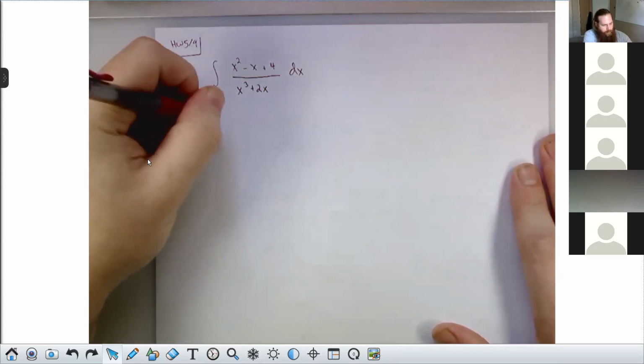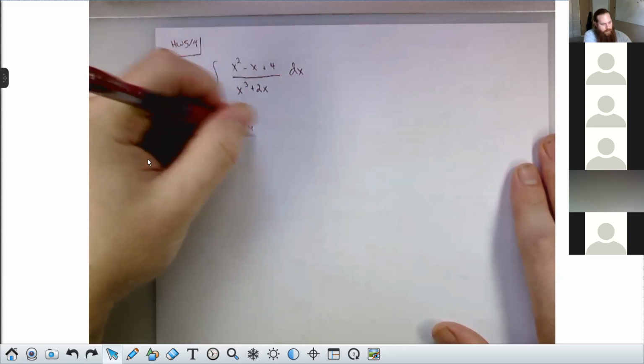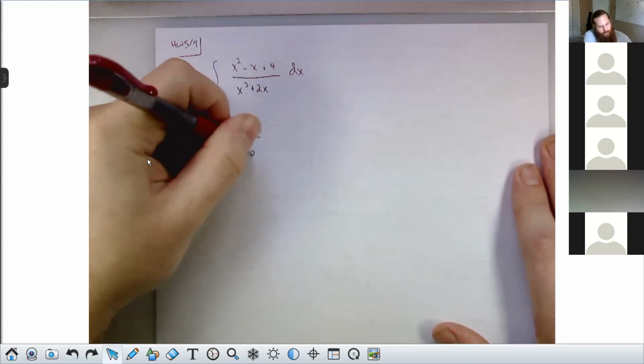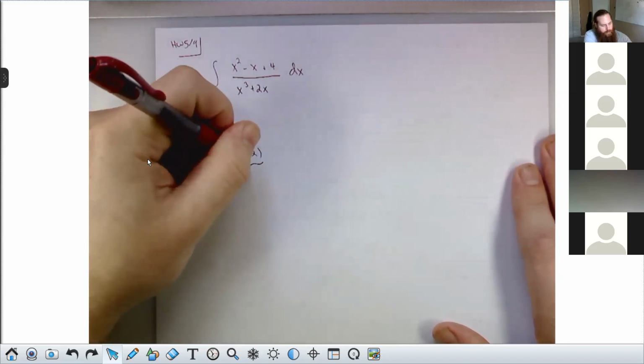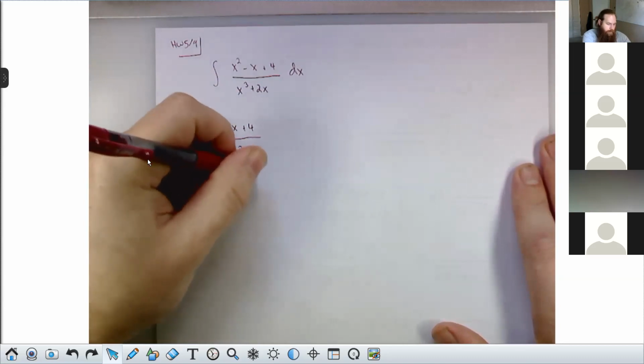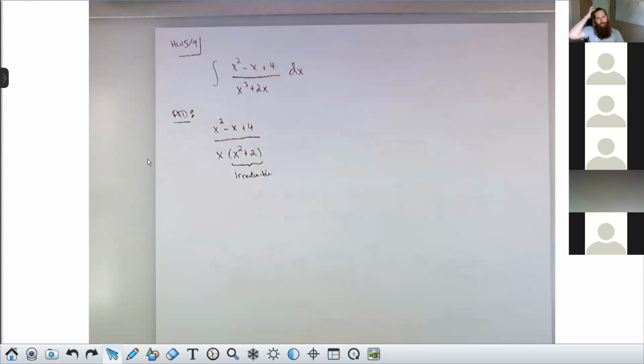That denominator can be factored as x times x squared plus 2. And this piece is irreducible. It's irreducible because it doesn't have any real roots. It doesn't factor, right?